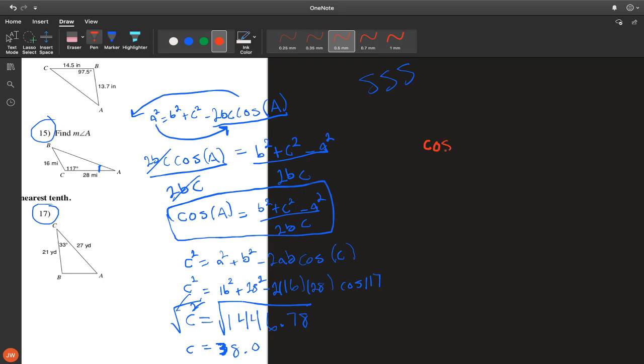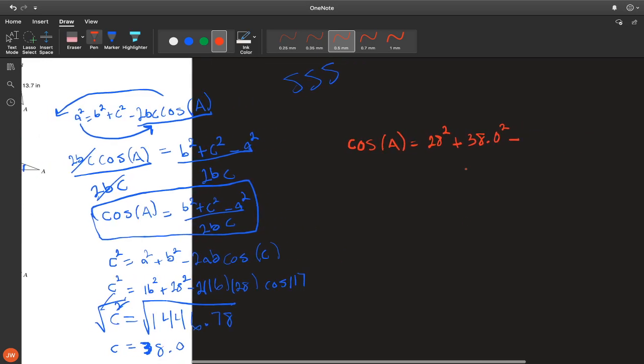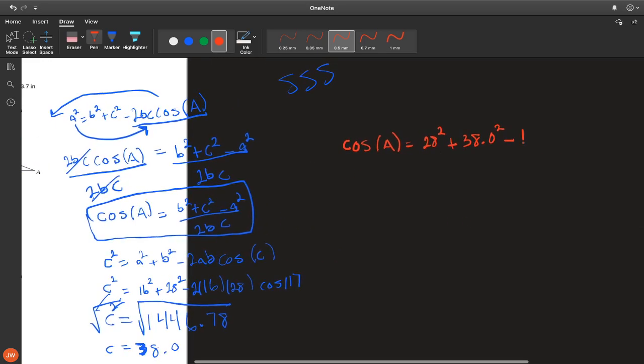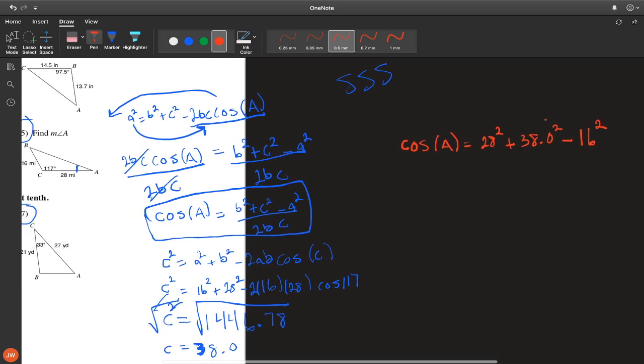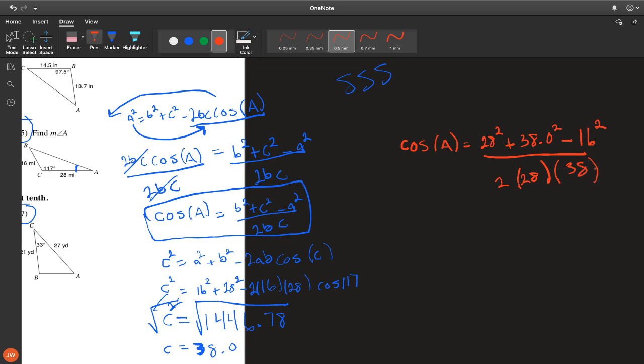So cosine of A is equal to B squared. B is 28, so 28 squared plus C squared, which we just found, which was 38.0 squared, minus A squared, which is 16, minus 16 squared, and divided by 2bc, divided by 2, and b is 28 and c is 38.